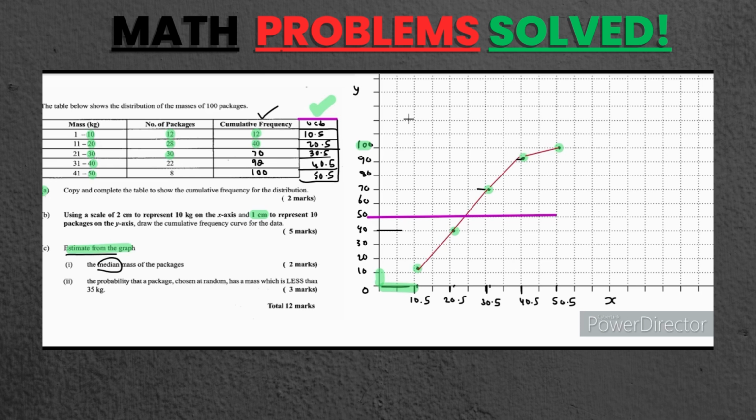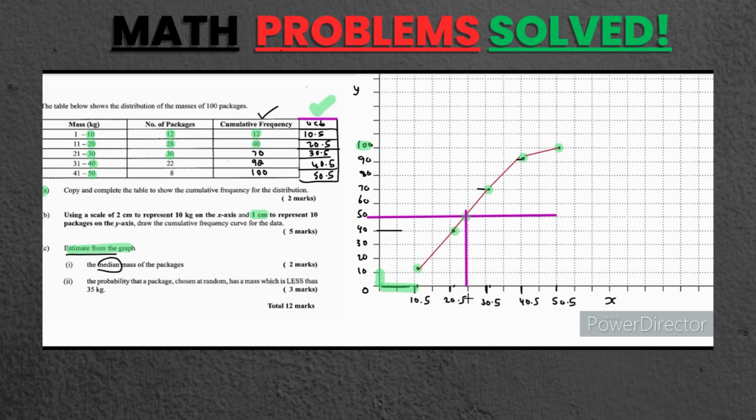Then we had to see where this horizontal line we drew touches our graph. The red line here shows the graph, right? So it touches somewhere here, right? And if I see where it touches the x-axis, right?